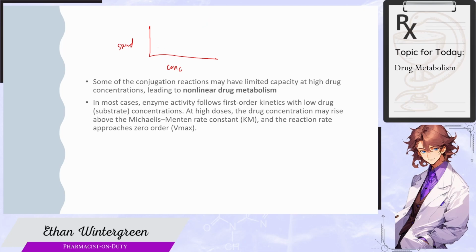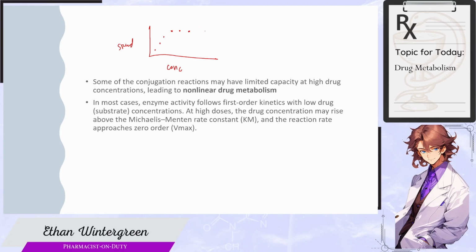Usually, when you have low concentrations, the speed is also low. As the concentration goes up, the speed also goes up. However, when you have nonlinear drug metabolism or nonlinear kinetics, there comes a point at which even if you add more concentration, the speed would not change.